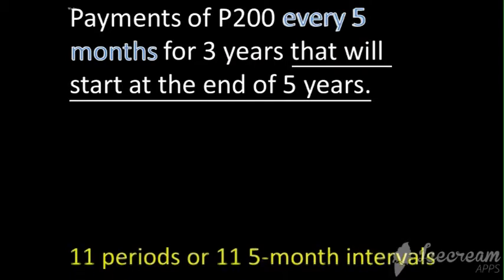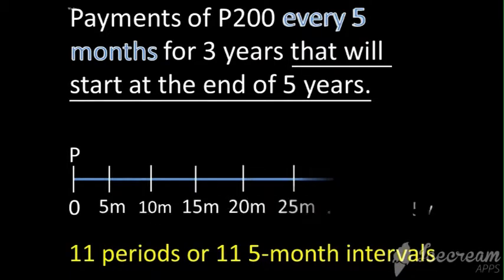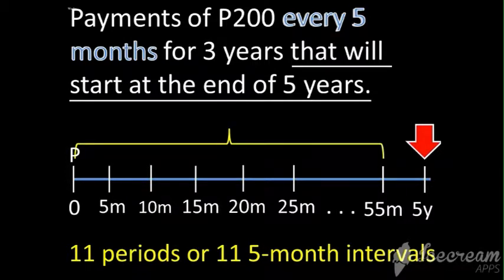The answer is 11 periods or 11 5-month intervals. Alright, so in our time diagram, we can see that the first payment will start at the end of 5 years. And so there are 11 periods or 11 5-month intervals.